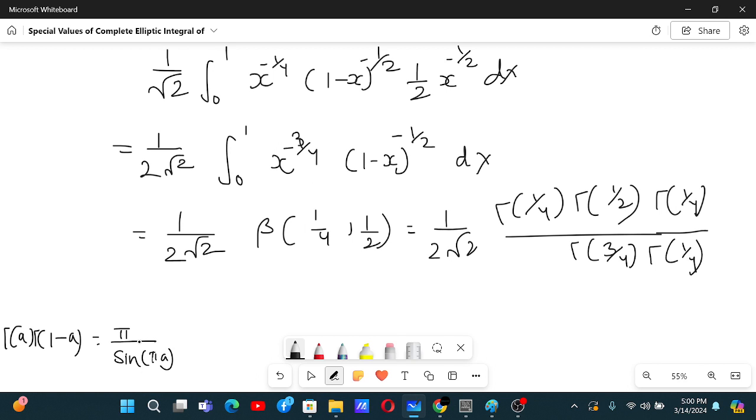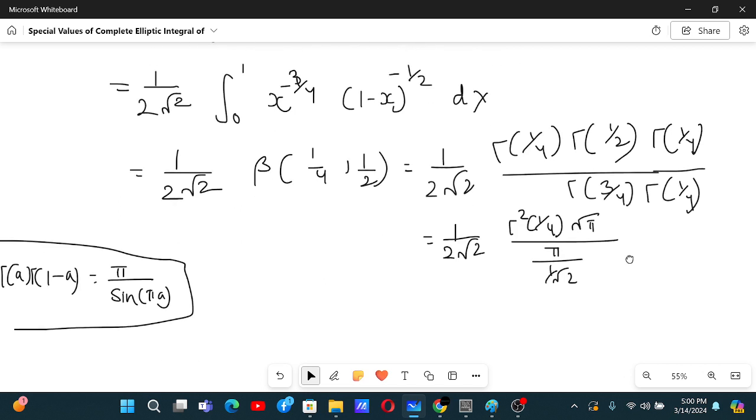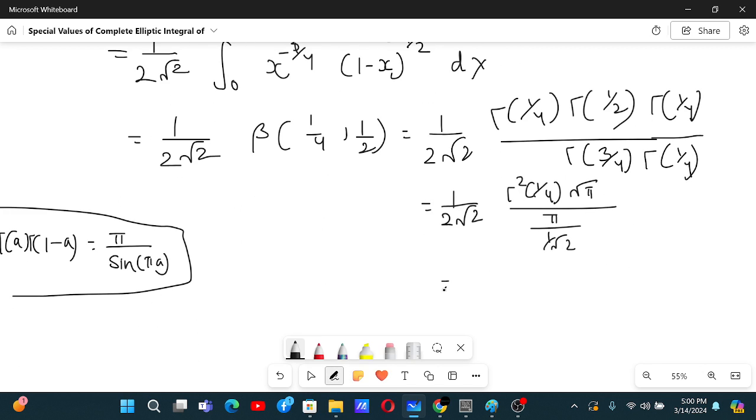That's why using this reflection formula we get 1 by 2 root 2, this is gamma square 1 by 4 by root pi, and this is pi by sine pi by 4, that's 1 by root 2. So this is 1 by 4 root under pi of gamma square 1 by 4.